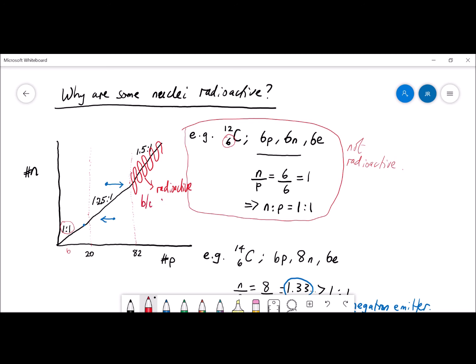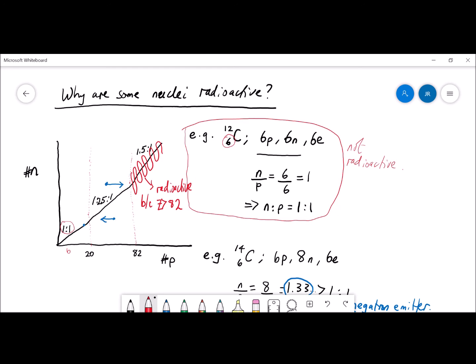Because its atomic number, or its number of protons, is greater than 82. So 82 seems to be the limit at which you're just too big to be stable. 82 is the limit beyond which you're just too big to be stable.